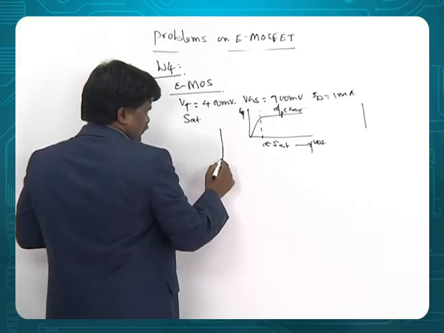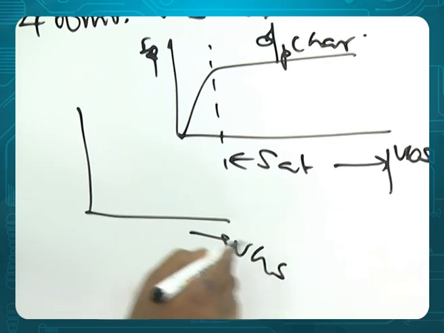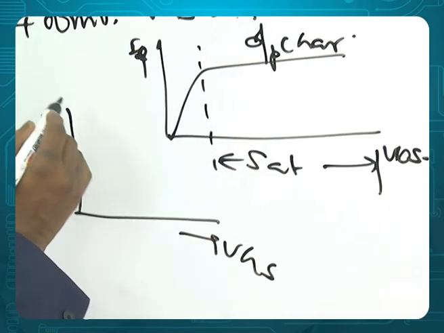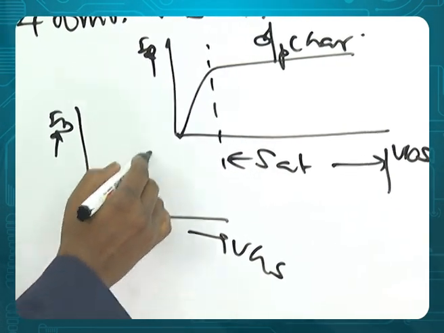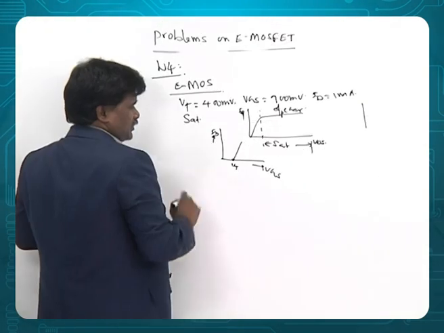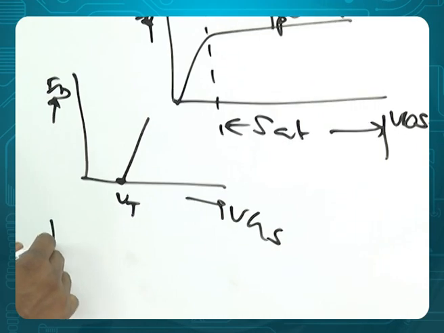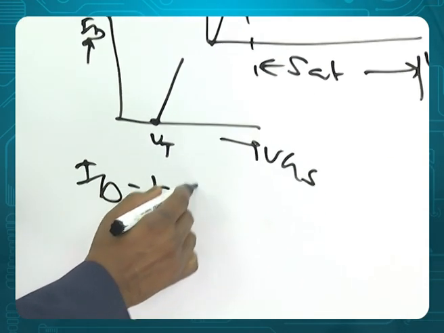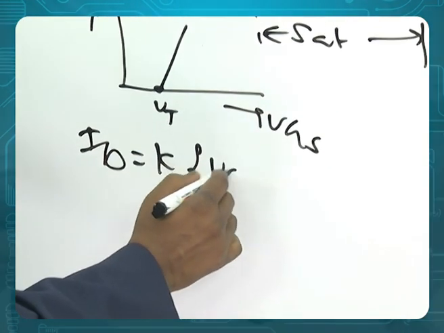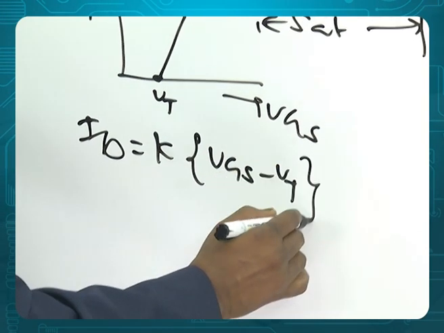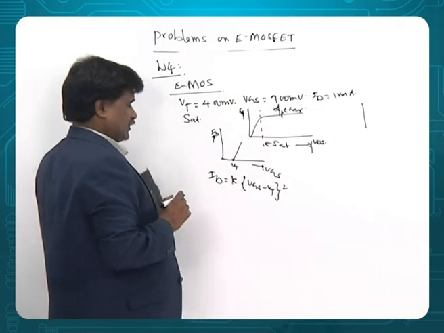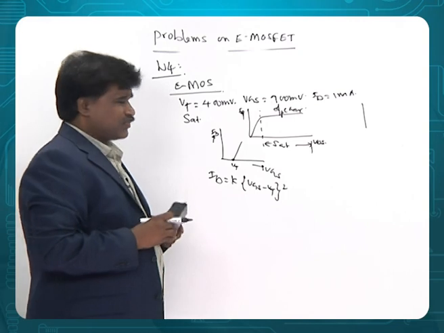If you see it, transfer characteristics is called VGS versus ID. It starts from VT. So remember these two. For all this, we have an equation: ID is a function of some constant k, VGS minus VT whole square. This is the basic equation required.